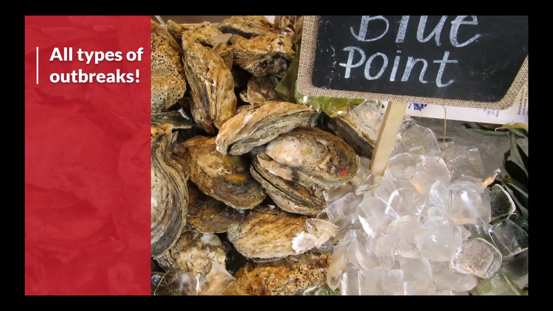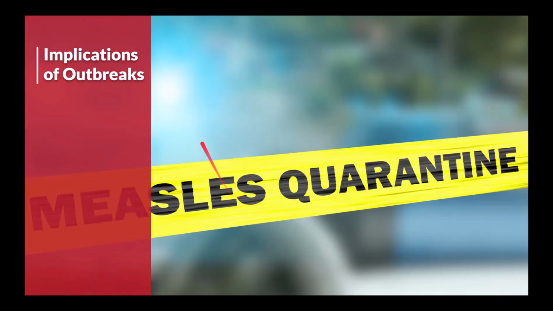And we really do discuss all types of outbreaks, not only those that made the headlines in the news, but also, for example, a regional outbreak due to the consumption of oysters. We definitely focus on the implications of outbreaks from multiple perspectives.